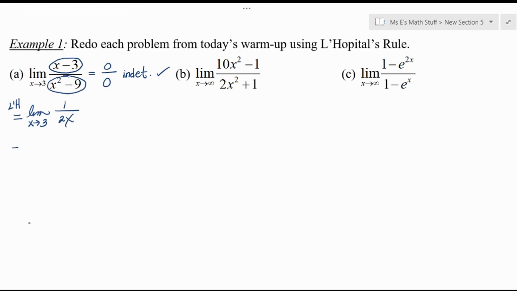And then try direct substitution again, and you'd end up with 1 over 2 times 3, also known as 1/6. There we go. And why does that work? Because you're comparing the rate at which the top number approaches 0 to the rate at which the bottom number approaches 0. So hopefully that makes sense. All right, my friends, see how it goes with parts B and C? Check in with me in the next video.